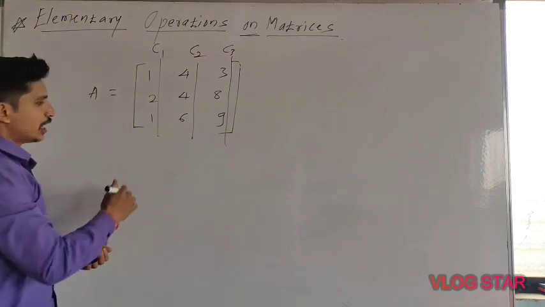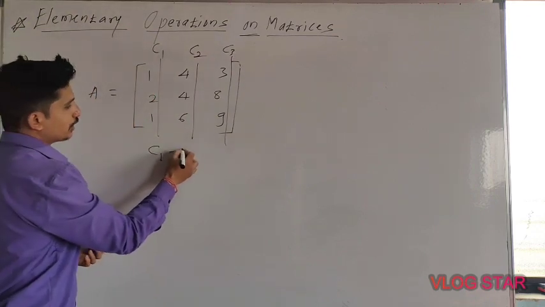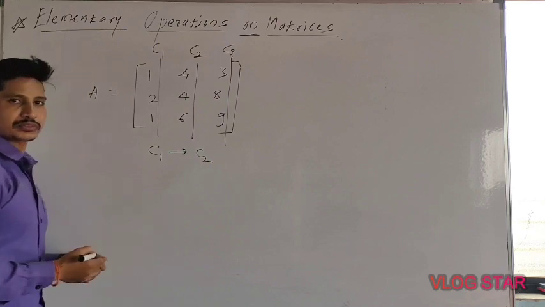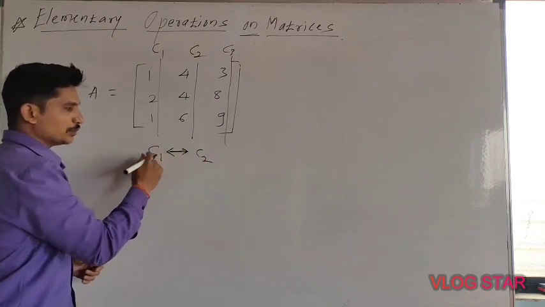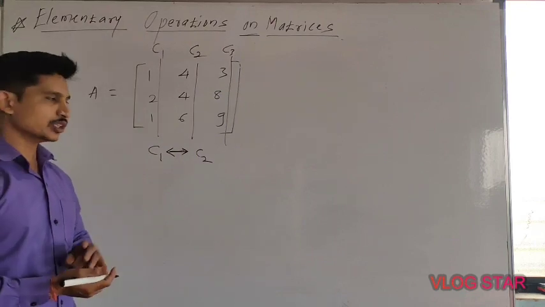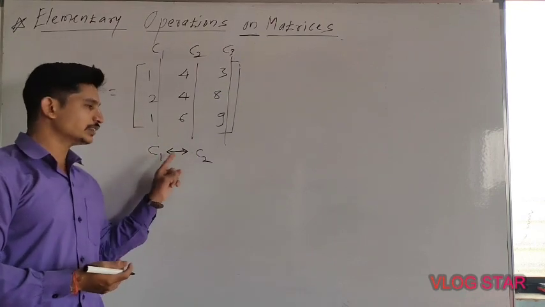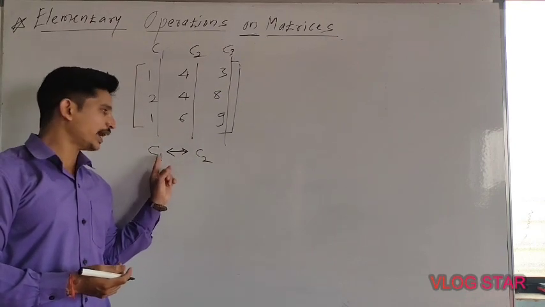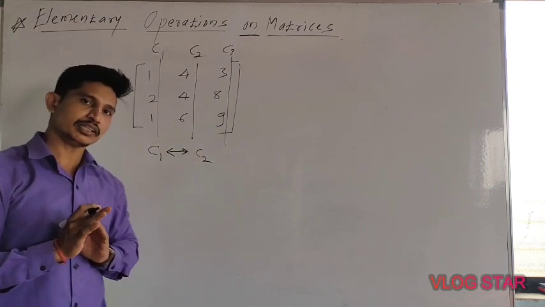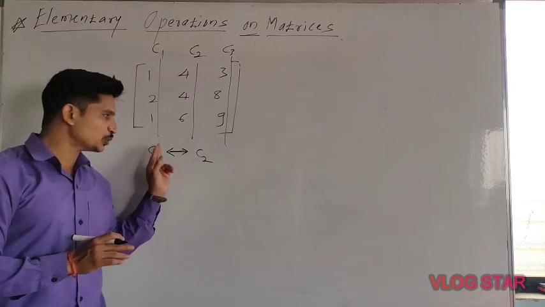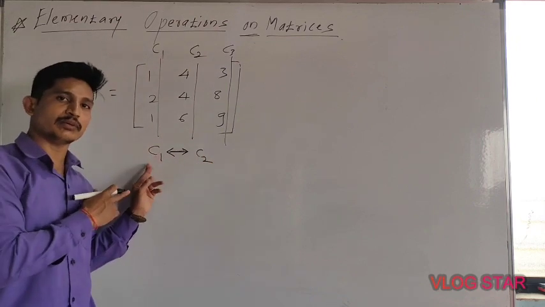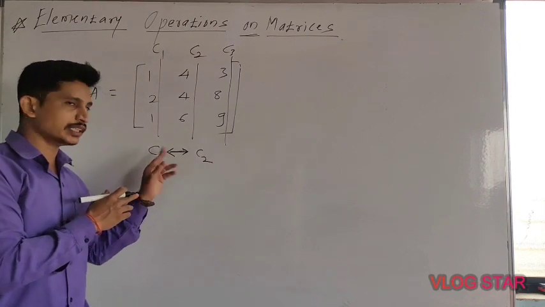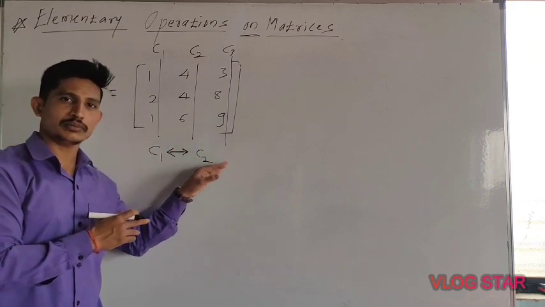I just want to interchange column 1 and column 2. Column 1 goes to column 2's place and column 2 comes to column 1's place. So I am interchanging column 1 and column 2.